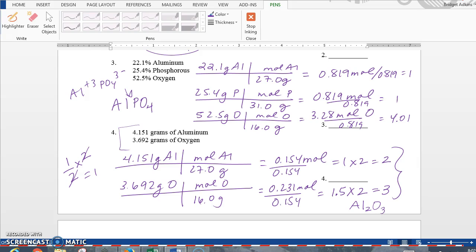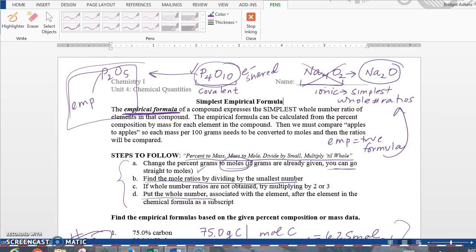If you want to make a list, for this last part, if it's not whole, I'll show you the most common. If you end up with around 0.5, so again, that could be 0.48 or 0.51, then I would multiply by 2, and that'll clear it. If you get something close to 0.25, that's like a quarter, right?